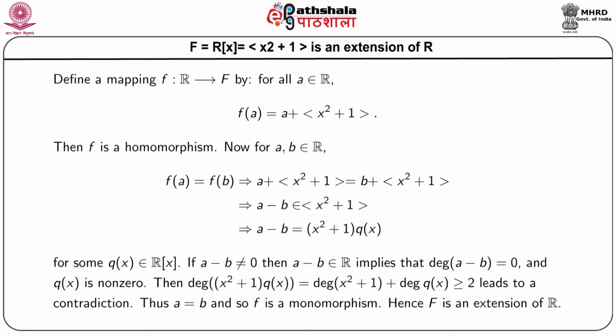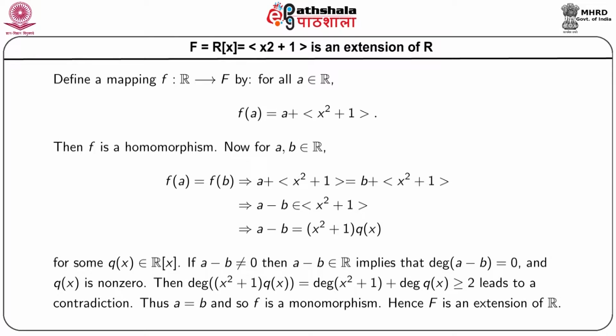Now, to show that f is one-to-one, consider a, b in R such that f(a) equal to f(b), which implies that a minus b is equal to (x square plus 1) q(x).